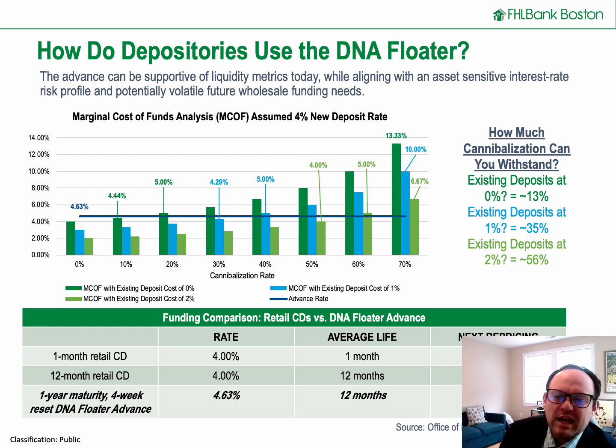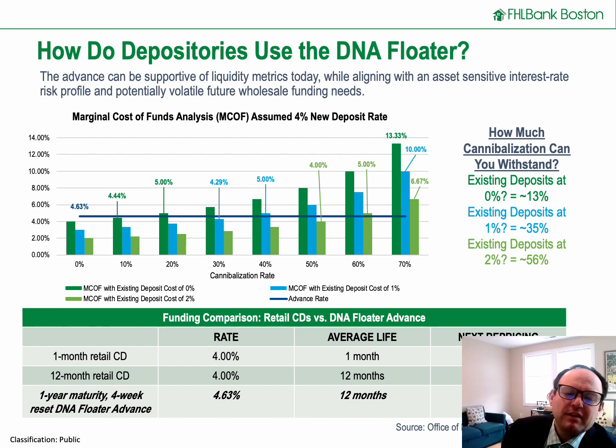This is a dynamic that is at play for many members right now, where you may have a posted CD rate looking to grow or retain deposits, but some portion of that money going into that product may be coming from existing deposits already on the books at lower rates, in contrast to whatever portion is coming from new money outside of the institution. So when you look at how much that new money is actually costing, it goes beyond just the posted rate.